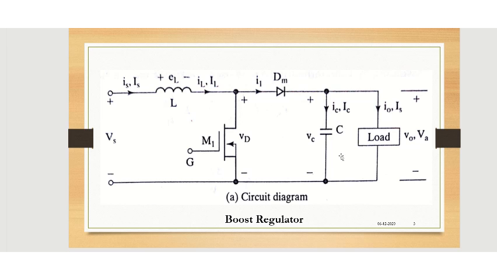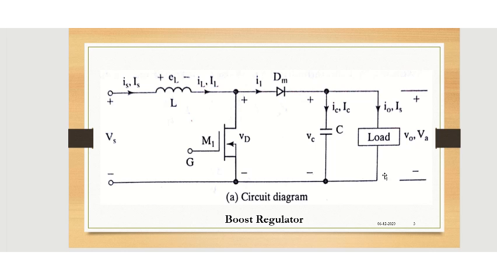The current that is flowing through the capacitor is represented as IC, and I0 is your output current across the load. The output voltage that we measure across the load is represented as V0 or VA. VA is again the average output voltage that we are measuring at the load.